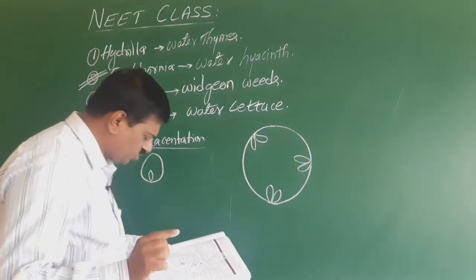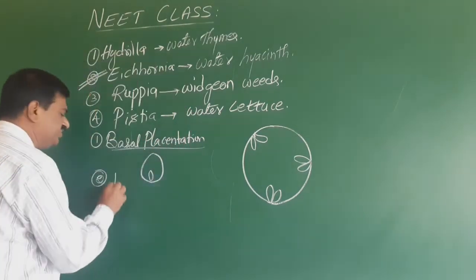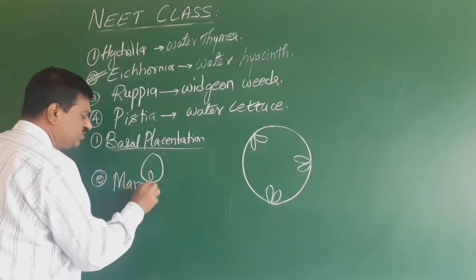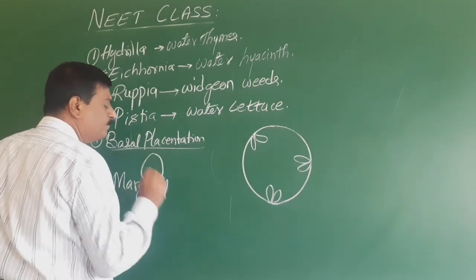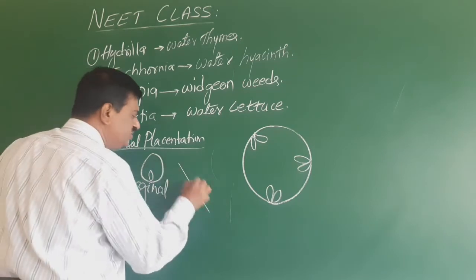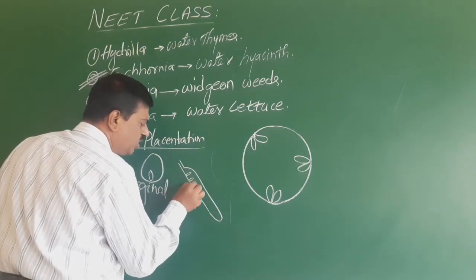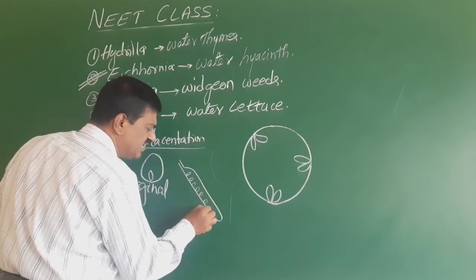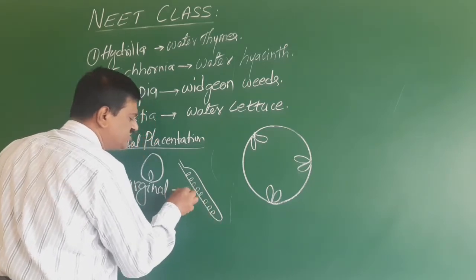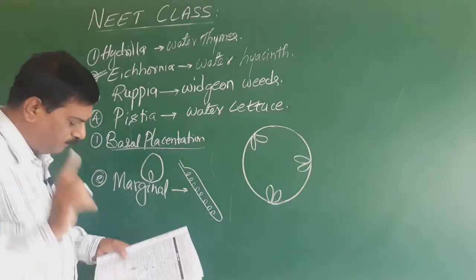The second one is marginal placentation. In marginal placentation, we know that the ovules are present towards one side or one margin. Hence, it is called marginal placentation.